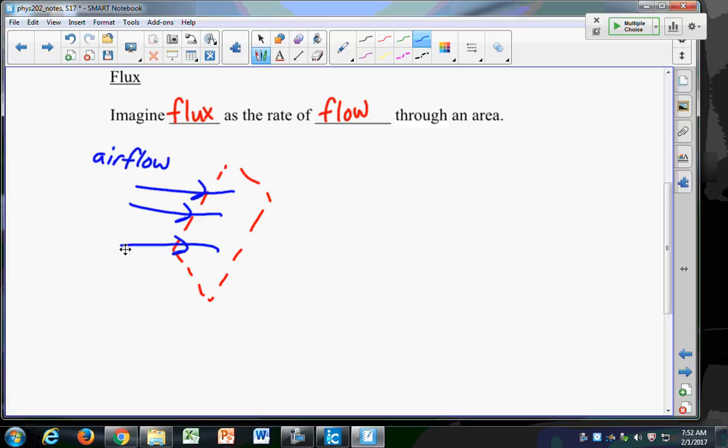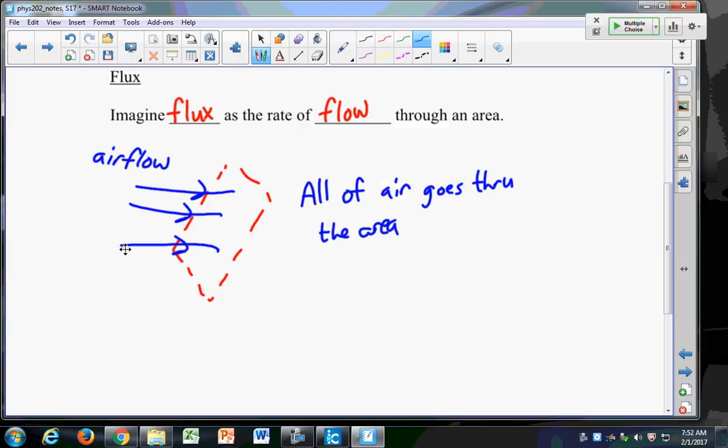In this case, all of the air goes through the area. Now let's imagine my air here is going from your right to your left like this. What if I take this and I shift it like this? How much of the air now is going through my Gaussian surface? None of it, right?